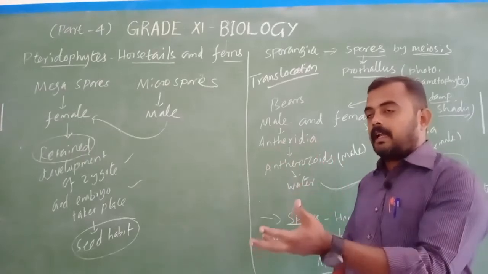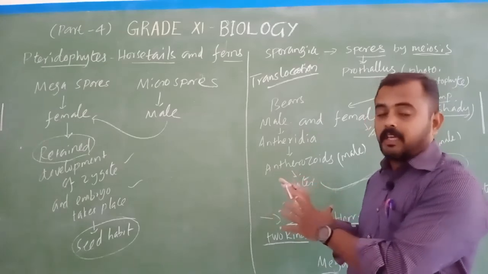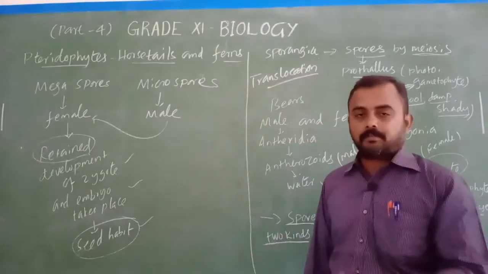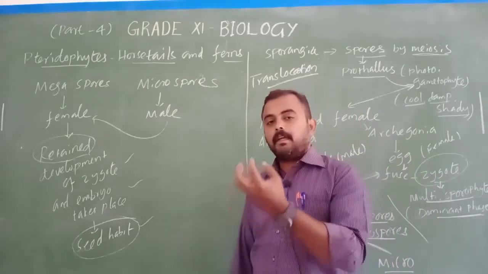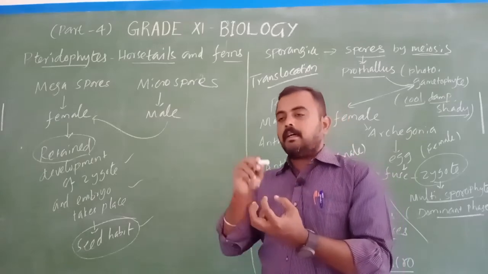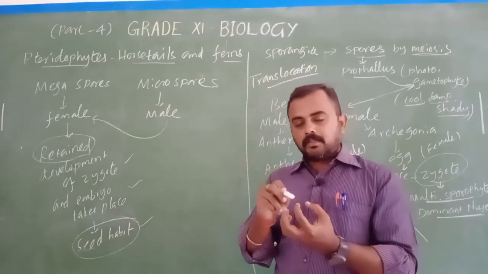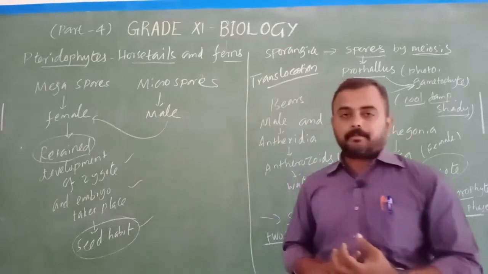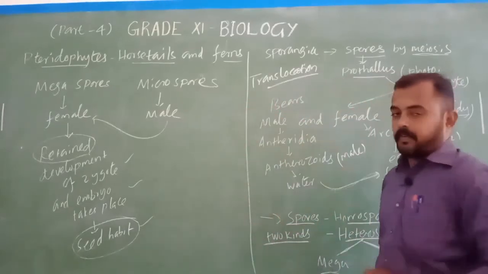But in algae and pteridophytes there are asexual and sexual, but hereafter fully sexual reproduction. Here the seed production habit comes from, because in one female reproductive part the fertilization happens, and after fertilization the zygote is formed. Then from the zygote the embryo is coming. So the seed production habit starts from the pteridophytes.